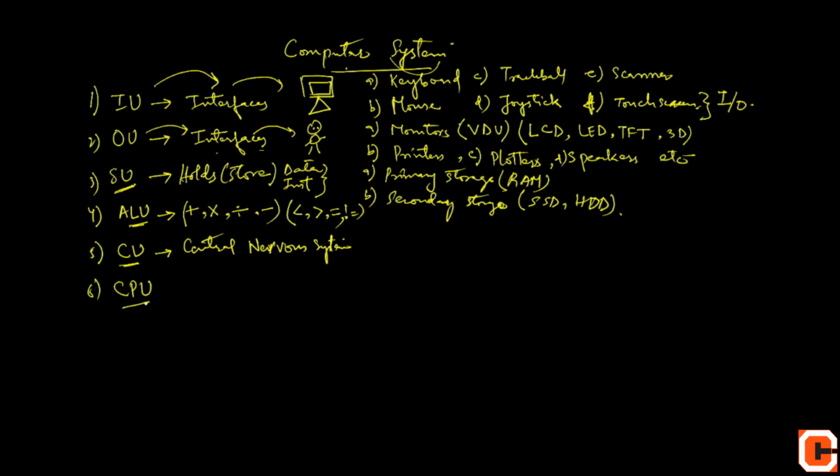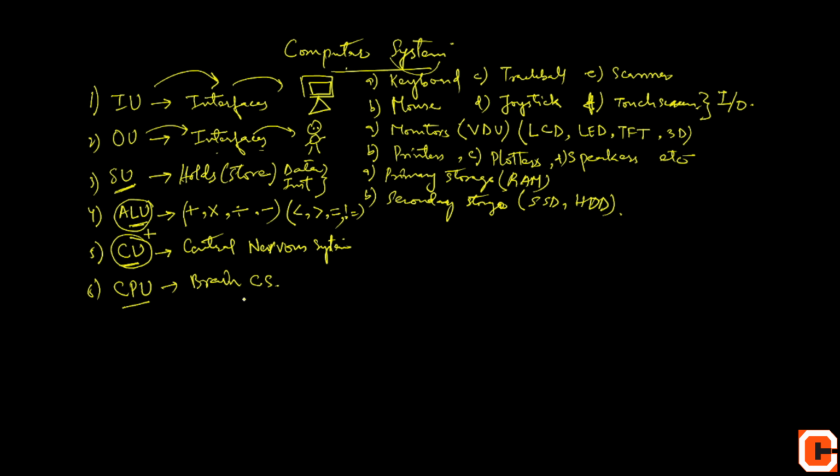Now we will talk about the central processing unit. The arithmetic and logical unit and control unit collectively are known as the central processing unit. It's the brain of a computer system. We have heard it many times.